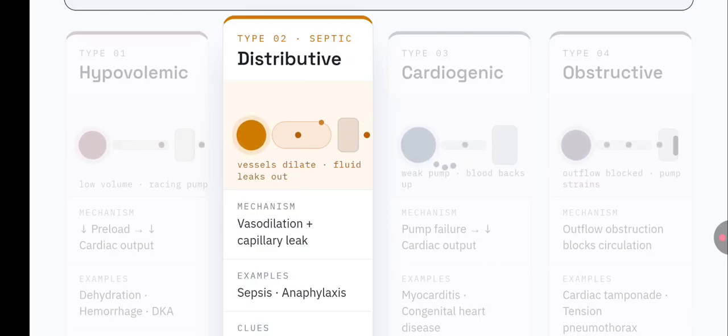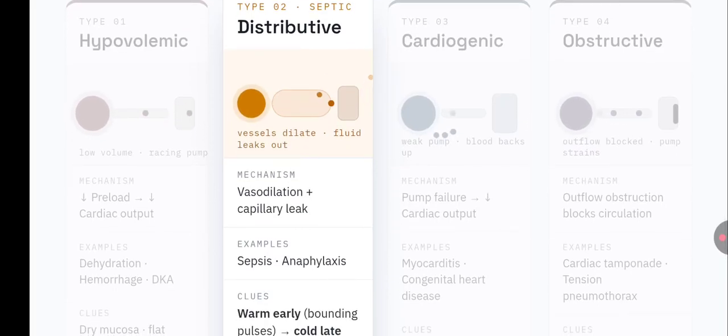Why? Because in distributive shock, like in septic or anaphylactic shock, for example in septic shock, the patient got infected and this infection was not treated properly, so it spread to the circulation and caused a systemic infection.